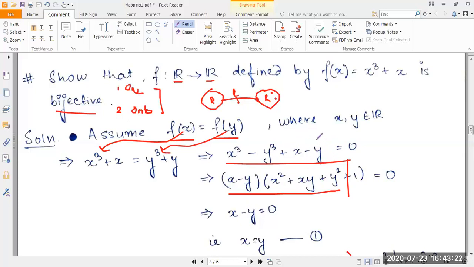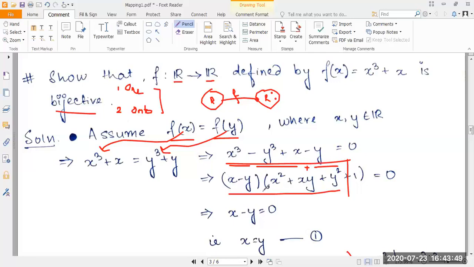I take this x minus y common and I am left with (x minus y) into (x square plus xy plus y square plus 1). I skipped a step here.